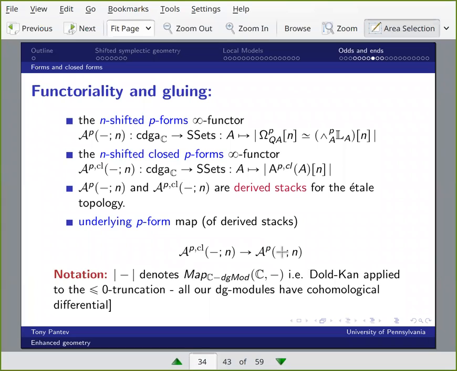You can use these P forms, n-shifted P forms, and closed n-shifted P forms as maps from affine derived spaces to complexes, and you take their limit, and you actually get global complexes of P forms or closed P forms shifted by n. And you have a map between them.